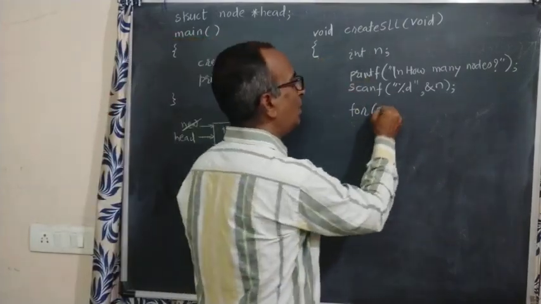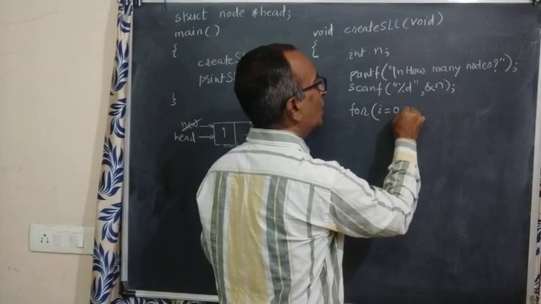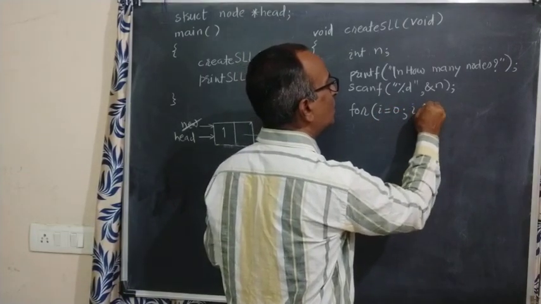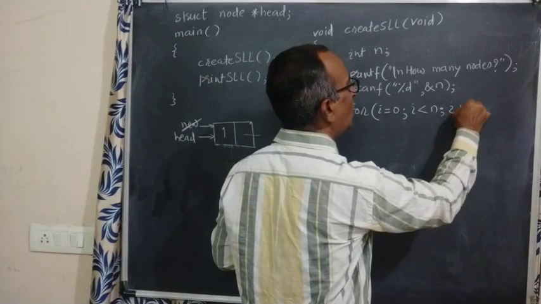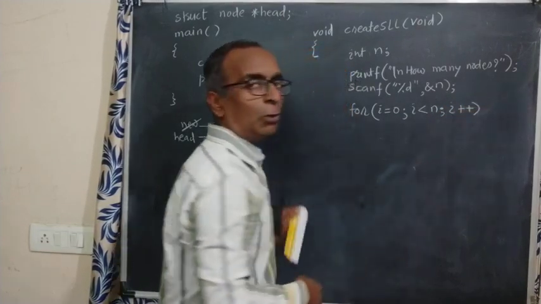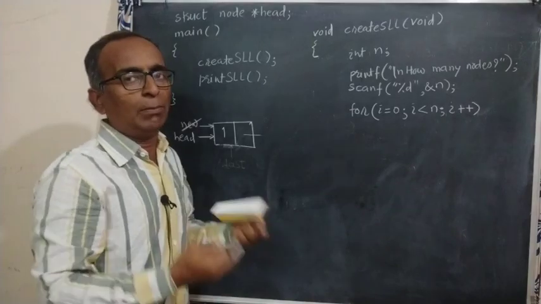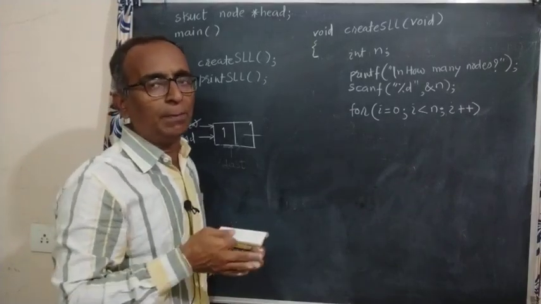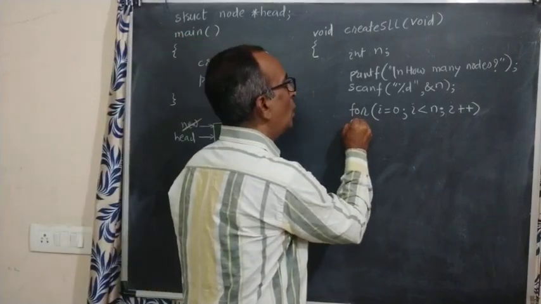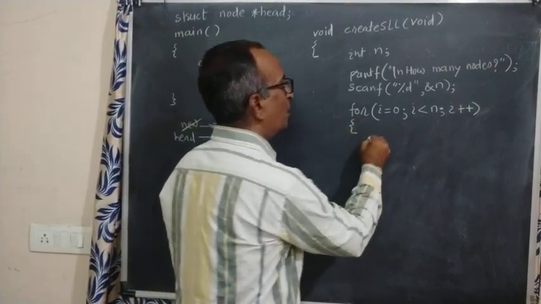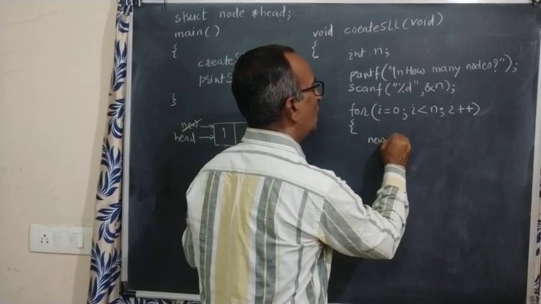So something I am repeating for that n times. So I'll use for loop because I know how many times we are doing this. When you know how many number of times you have to repeat something, then for loop is the best for that.